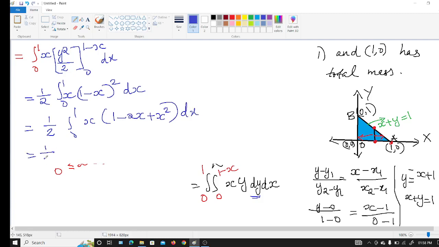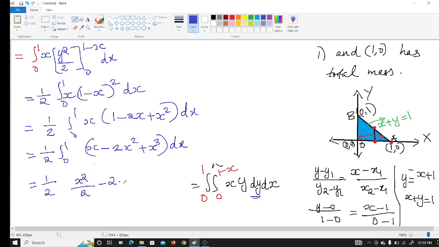Now this is 1 by 2 integral from 0 to 1 of (x minus 2x square plus x cube) dx. Now that is equal to 1 by 2 times: the integral of x is x square by 2, minus 2 into the integral of x square, which is x cube by 3, then the integral of x cube is x raised to 4 by 4, from 0 to 1.